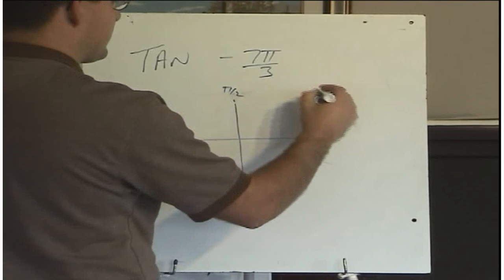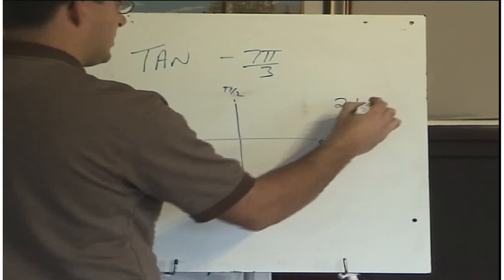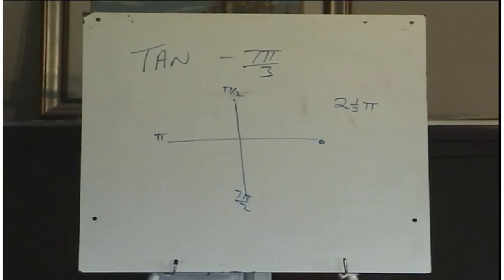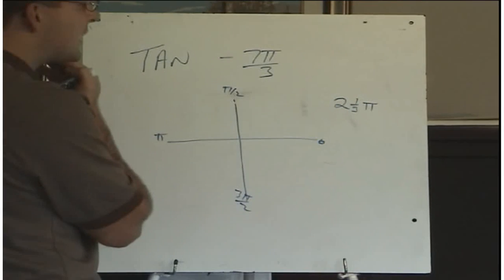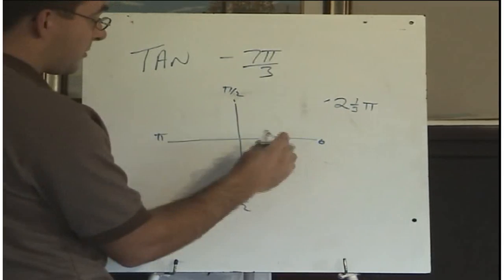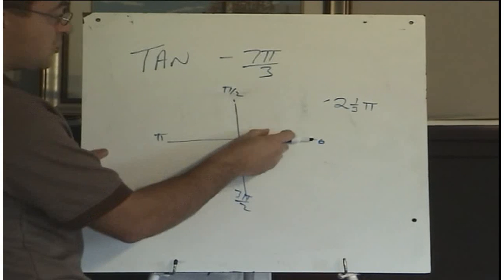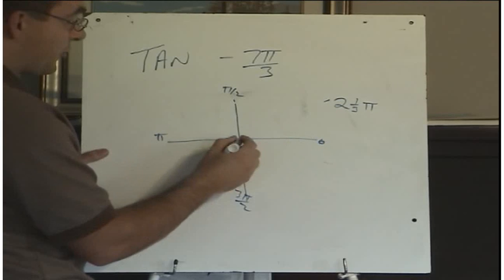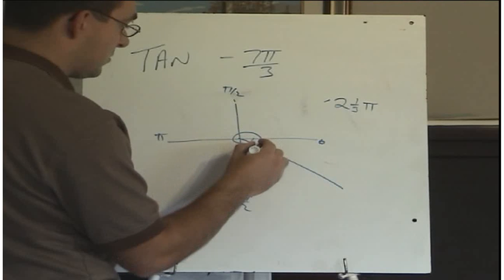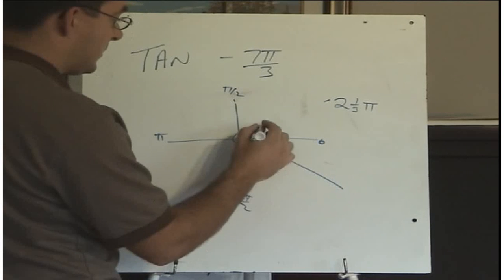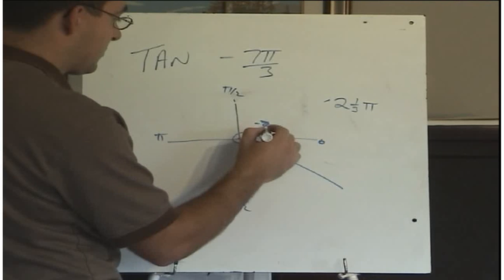And I know that 7 pi over 3 is what? 2 1/3 pi? 3 goes into 7 twice and leaves 1/3 remaining. So this is negative 2 1/3 pi. So starting here, there's 1 pi, there's 2 pi, and now I need to go 1/3 of the next pi. So this would be the angle here, negative 2 1/3 pi, or negative 7 pi over 3.